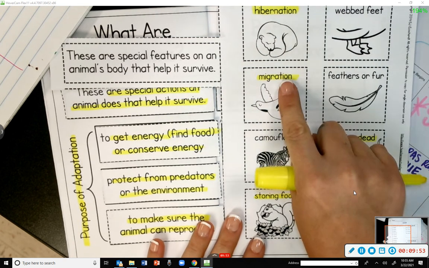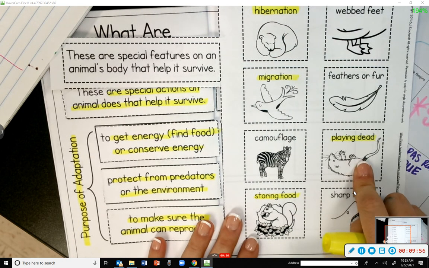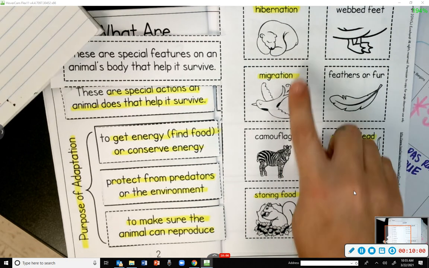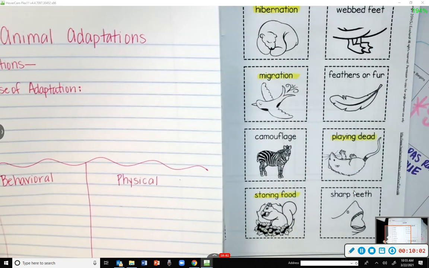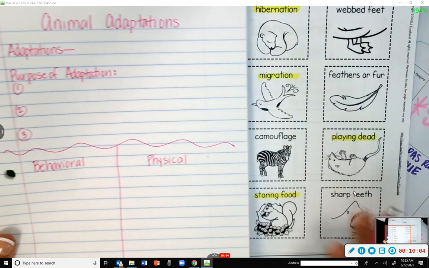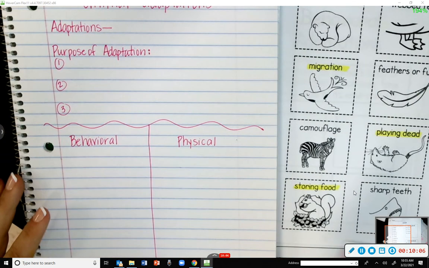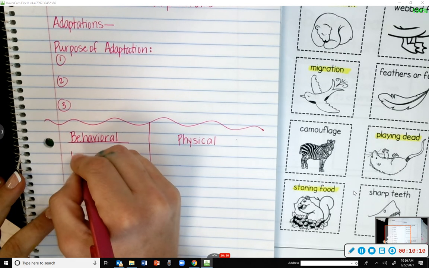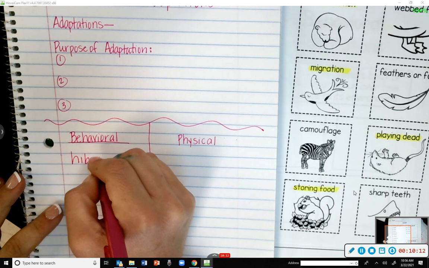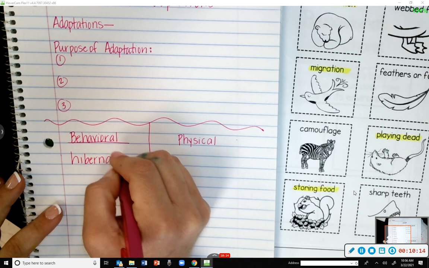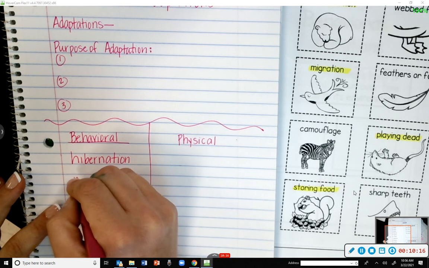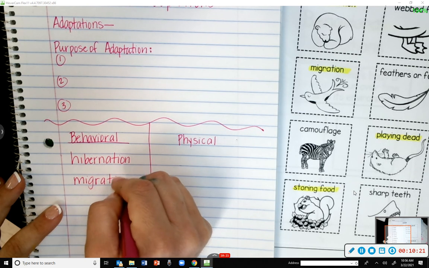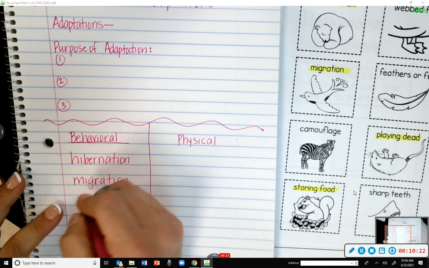So the ones I've highlighted, we're going to put under behavioral. Okay? You guys are going to be cutting them out. So cut out the ones I highlighted. Those of you at home, you are going to write them. So behavioral is going to be hibernation, migration, playing dead.